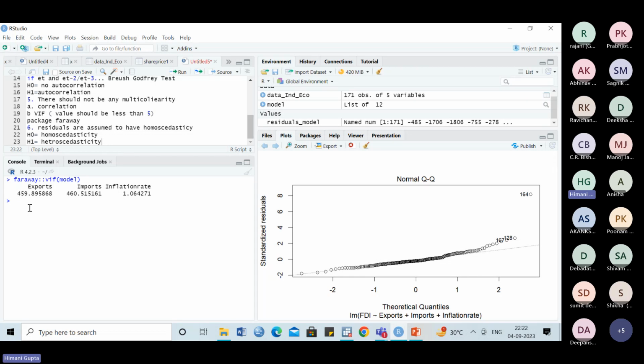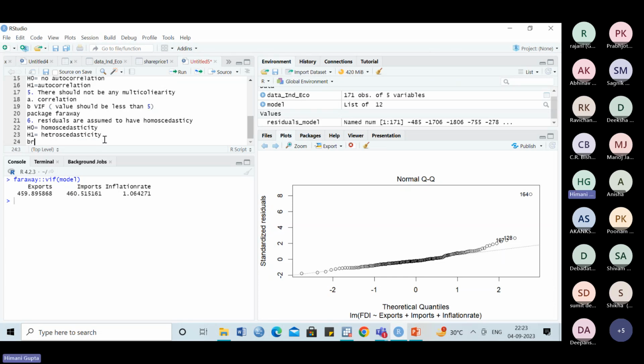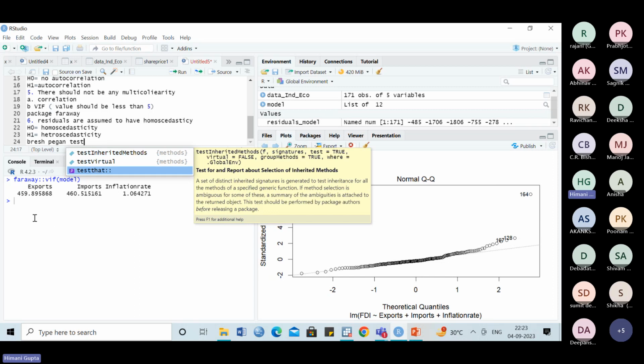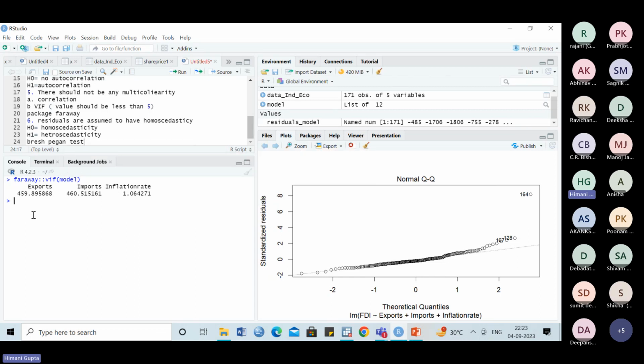Now, in this, there is one package named broom. You can either install that package or you can do it in a simple way. You can use the Breusch-Pagan test. So first of all, let's do it with the test, and then we are going to make a diagram.